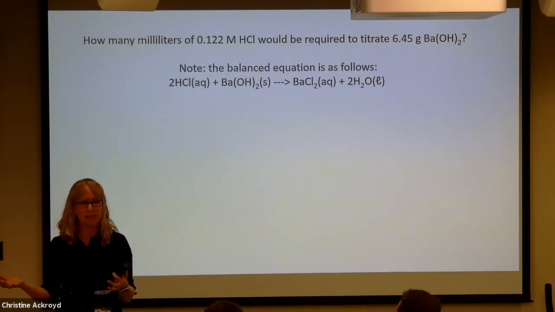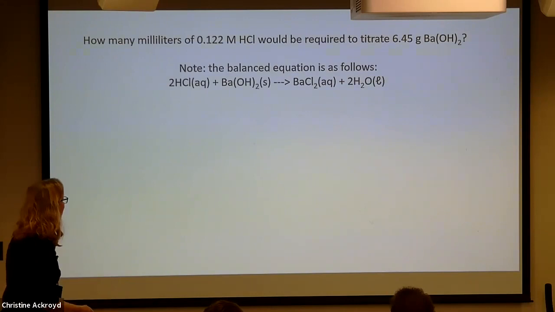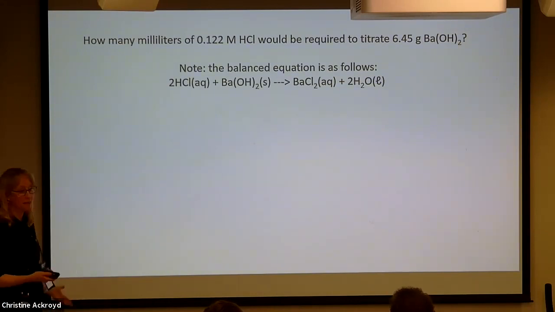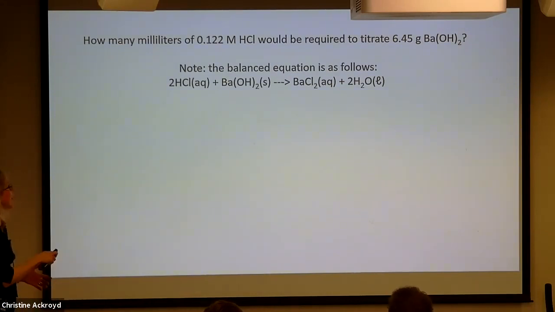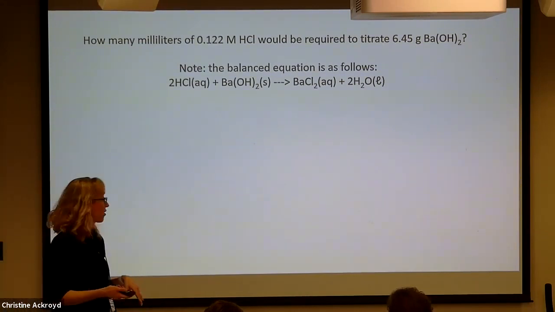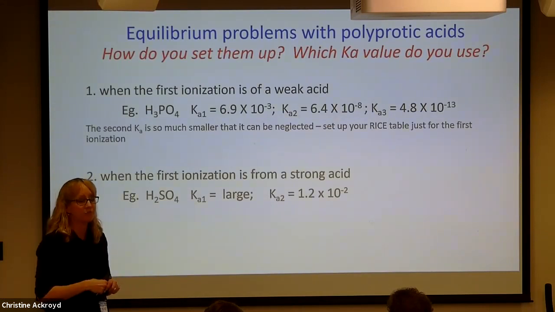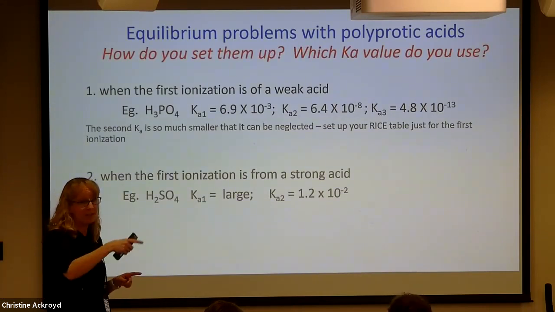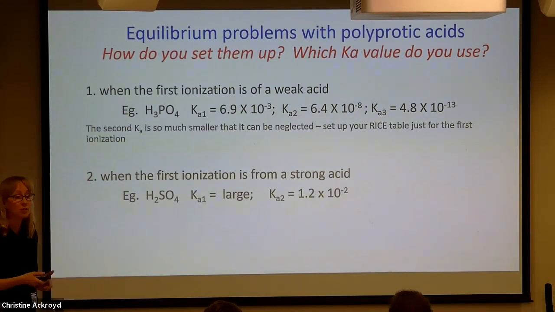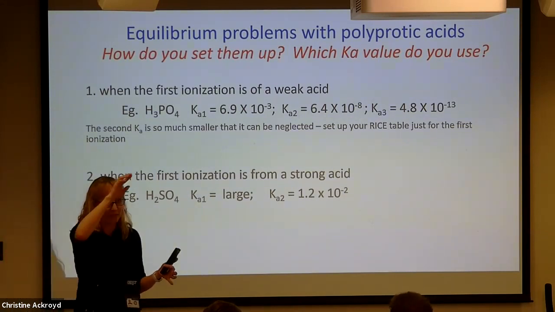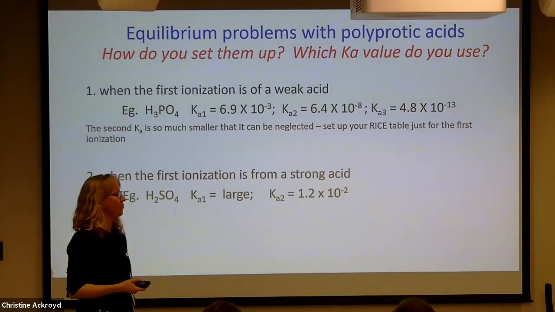Did anyone come up with that language when you're reading? Same kind of problem, you do it the same way, except the barium hydroxide is your sample and the HCl is your acid. Do those kinds of bases experience that? Yeah, they do. So it acts just like a polyprotic acid, except you're titrating the other direction.